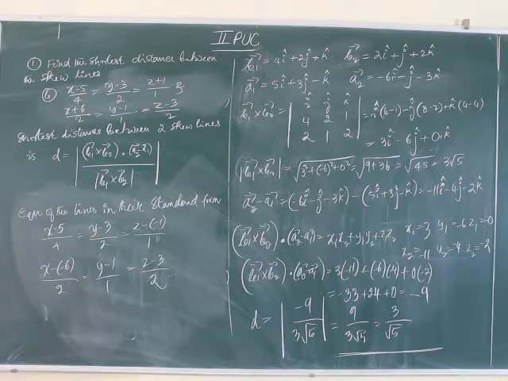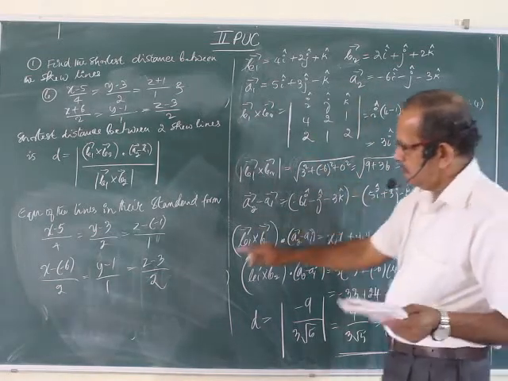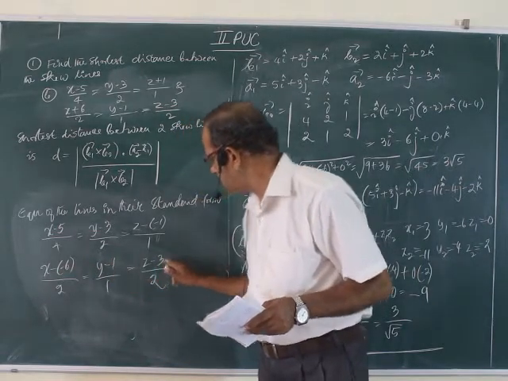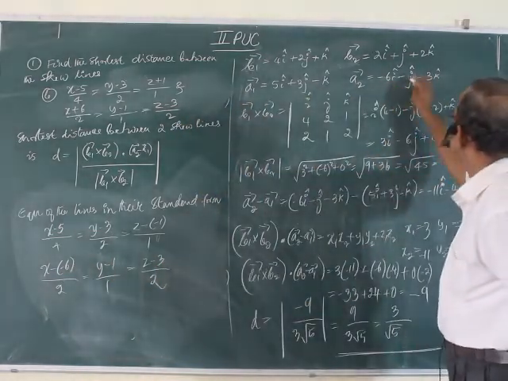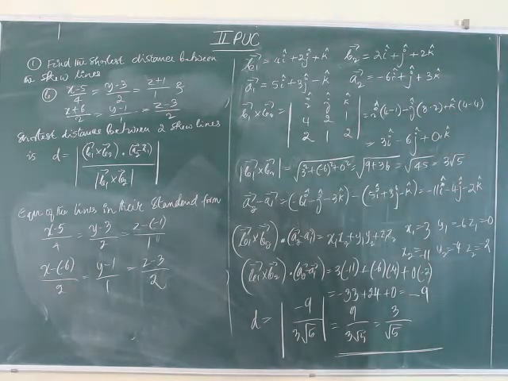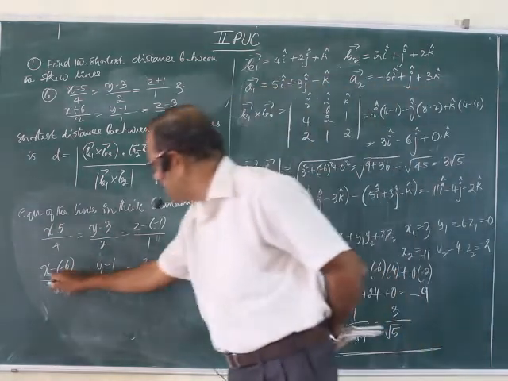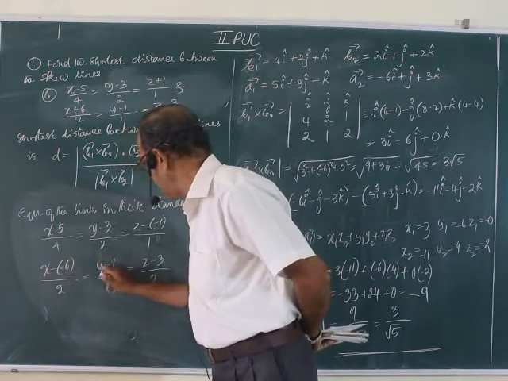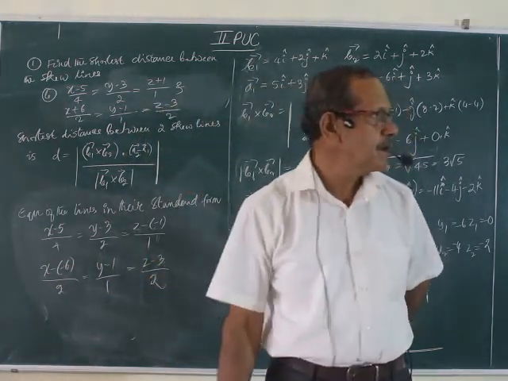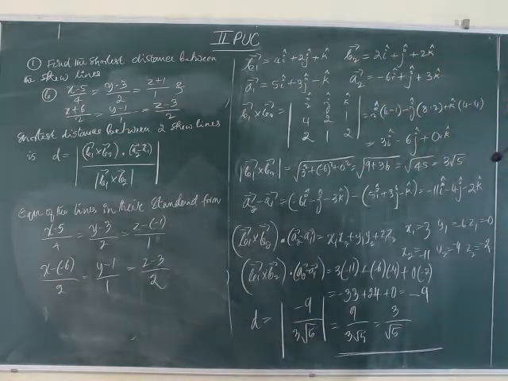Which one? See this one. Minus 6, 1, 3 it should be. The form is x minus x2, y minus y2, z minus z2.